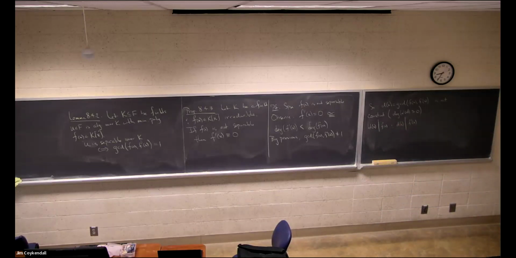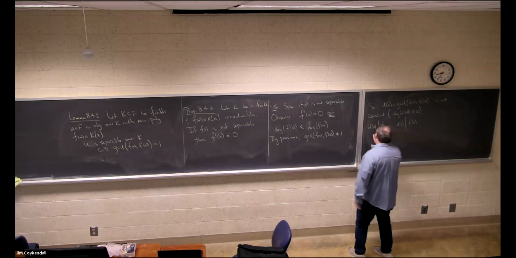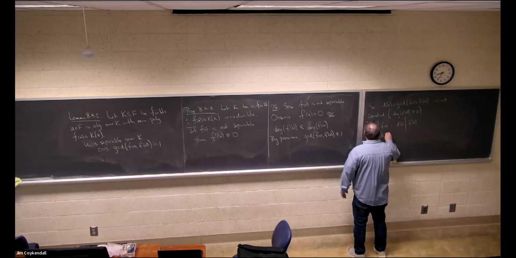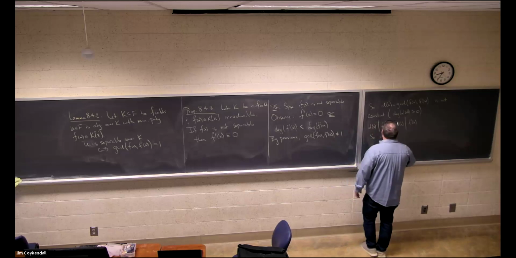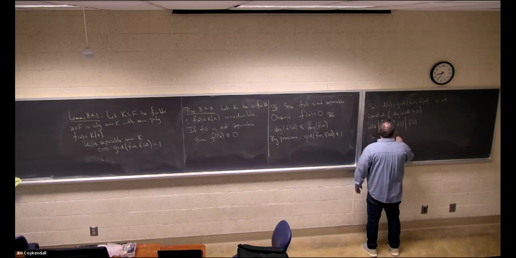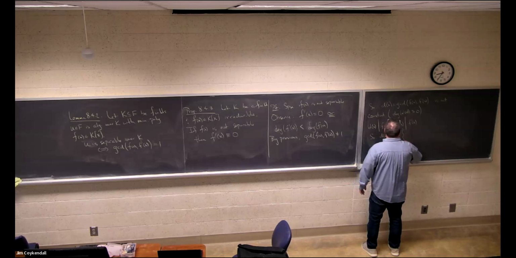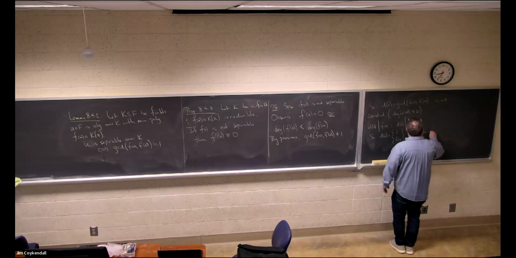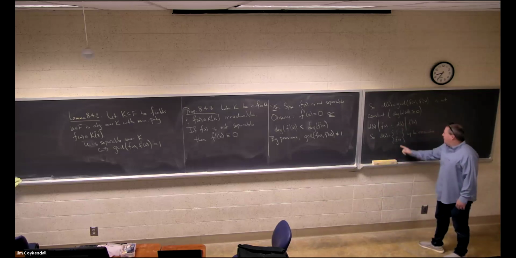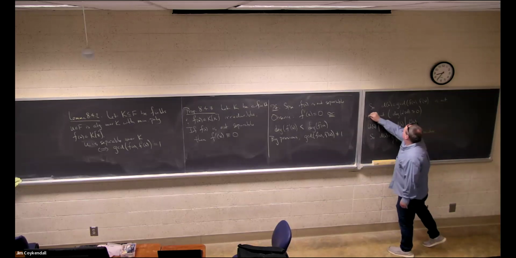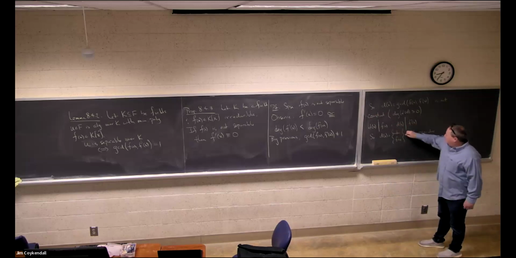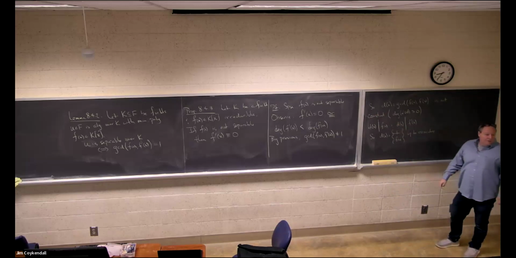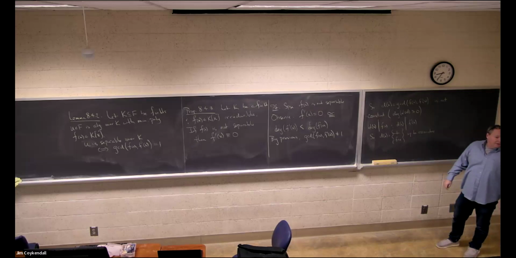Well, what do we know about f of x? It's irreducible. So d of x is either 1 or f of x up to associates. That is to say, either d of x is a constant, which we've ruled out, so it can't be this, or it has to be f of x up to associates.